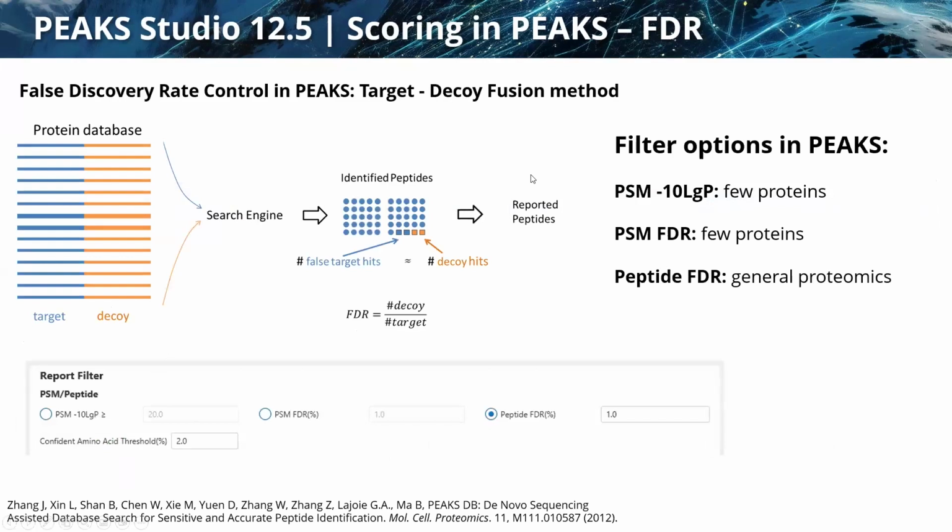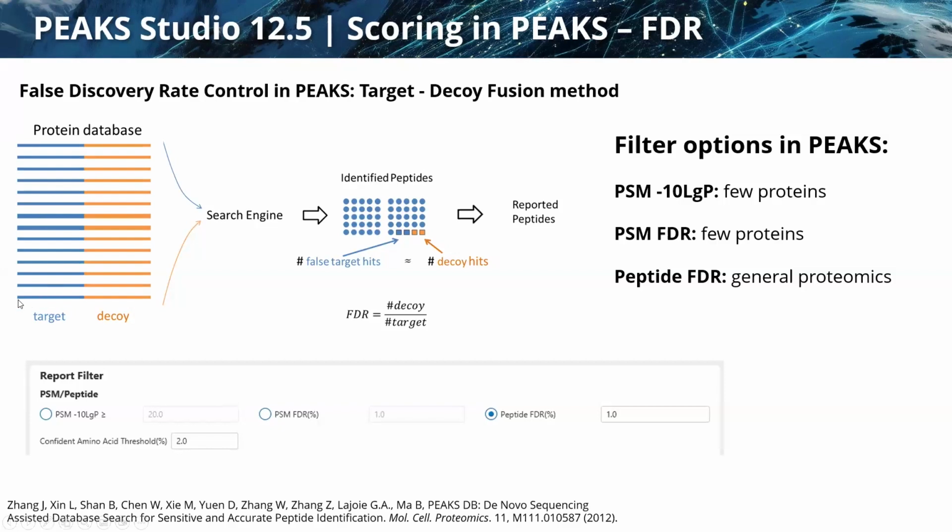Another scoring method that Peaks uses is FDR control. And Peaks uses a specific target decoy fusion method to estimate FDR. And this decoy fusion method helps get around common pitfalls in target decoy calculation, including if there was a multi-round search or if protein information is used to rescore the peptide matches.